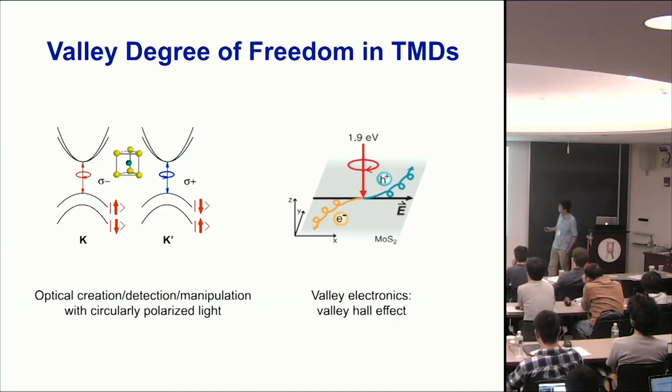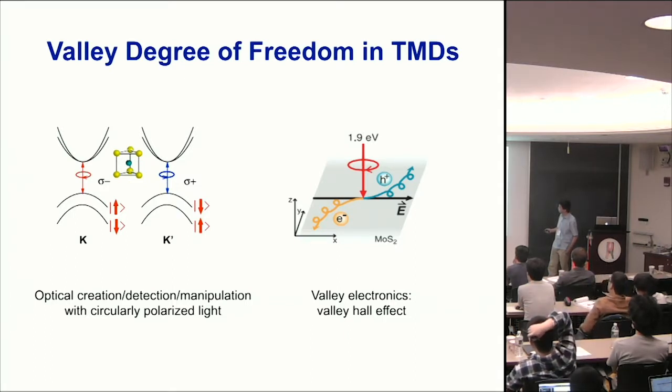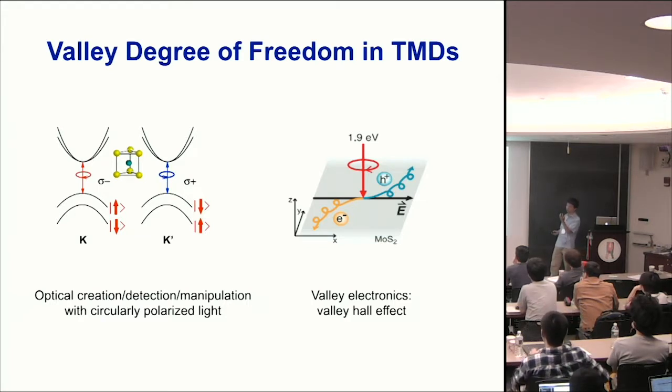The conduction band also gets split into two, although the splitting is much smaller. And you can use circularly polarized light to excite a specific valley. So you can create, detect, or manipulate valley excitons. And when you have a valley polarized electron generated by light, you can also see interesting transport properties like a valley Hall effect, which is one example of an anomalous Hall signal.